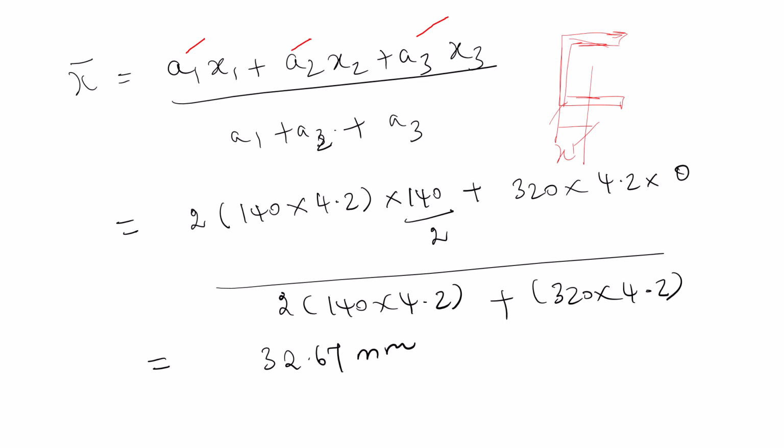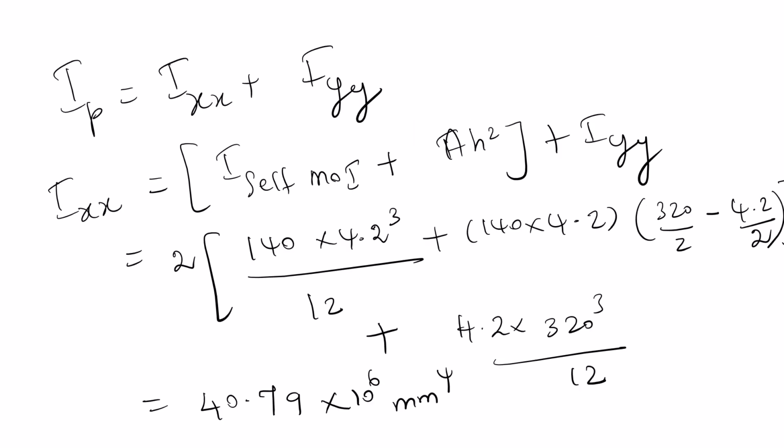For this horizontal portion, first you substitute 140 is the length and 4.2 is the thickness, 4.2 two times, top and bottom, and the centroid would be lying at the middle, so 140 by 2. Next we have to calculate for this vertical portion. 320 into 4.2 is area, and it is lying in the same direction, so 0, divided by the area of the two segments, so that is 32.67 mm.